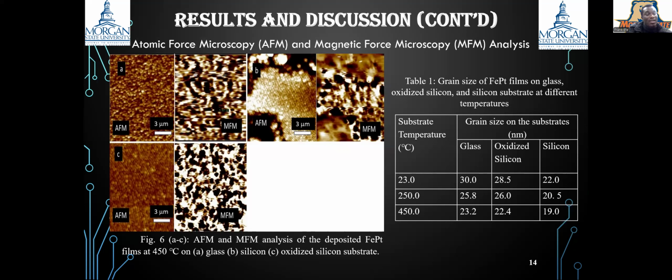However, for the glass substrate and oxidized silicon substrate, they exhibit similar properties. The white and black contrast shows the positive and negative interaction of the film with the tip of the cantilever. And table 1 shows the increase in the grain size of the film as the temperature increases.